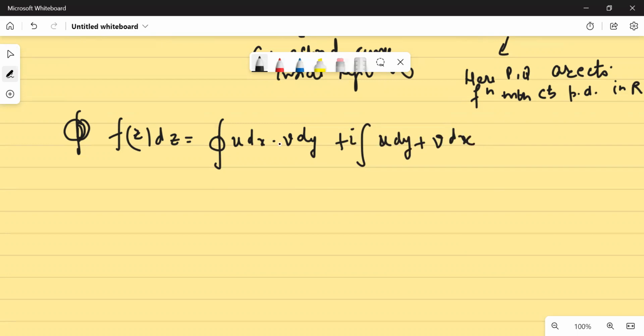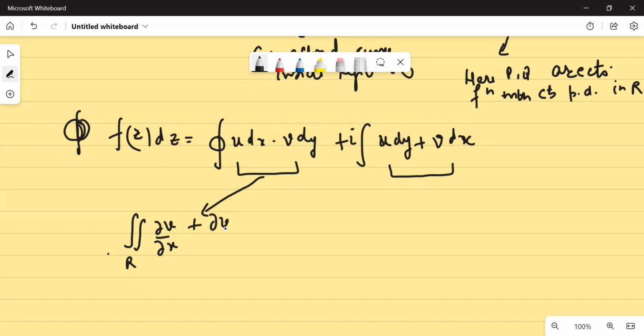Now if I apply Green's theorem here, what will I get? I will get the integration over R, and this will give me del v upon del x plus del u upon del y, with a negative taken common, dx dy.